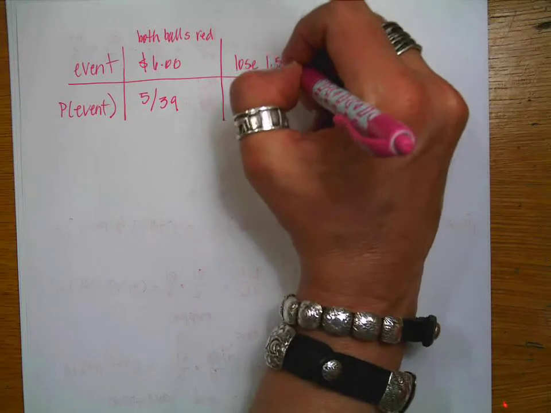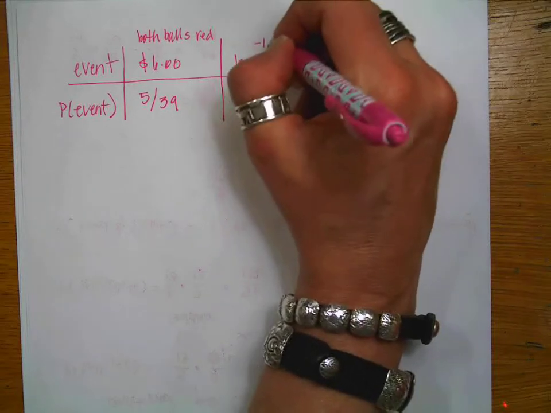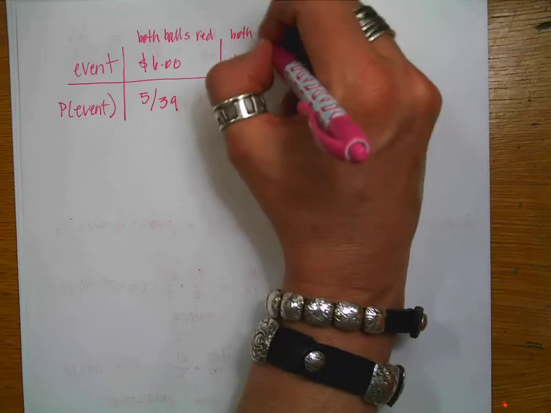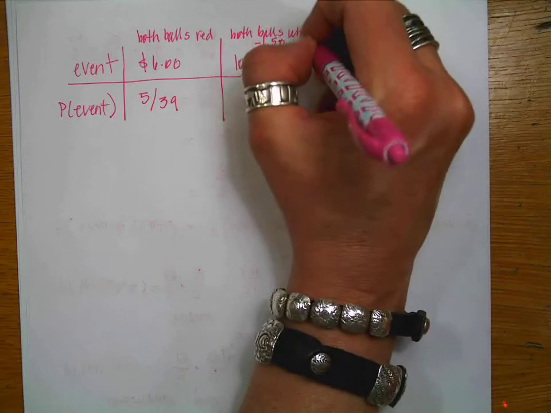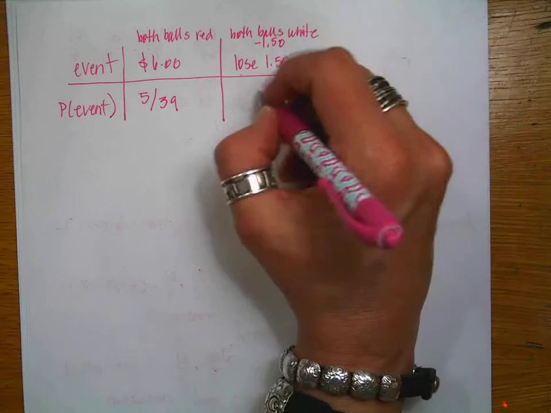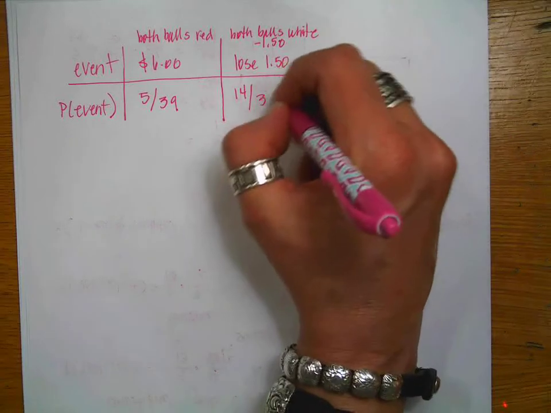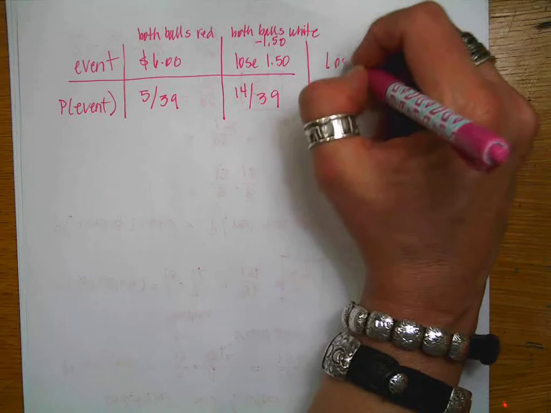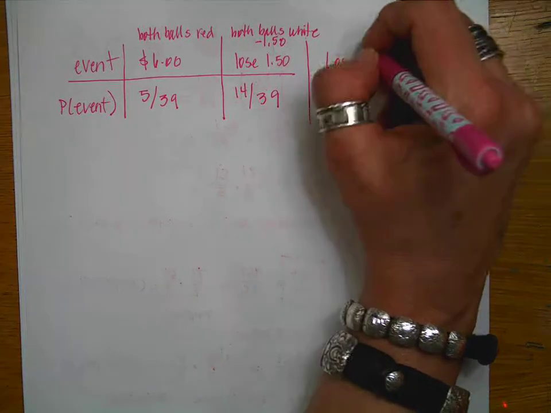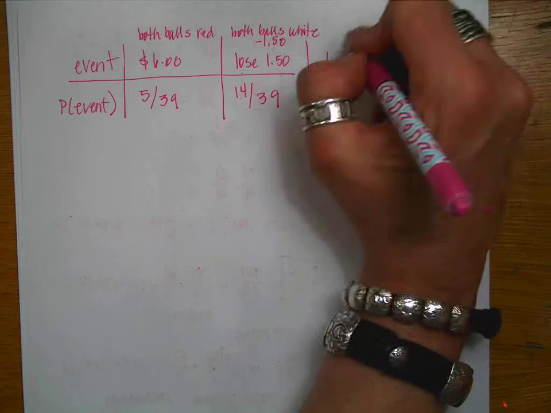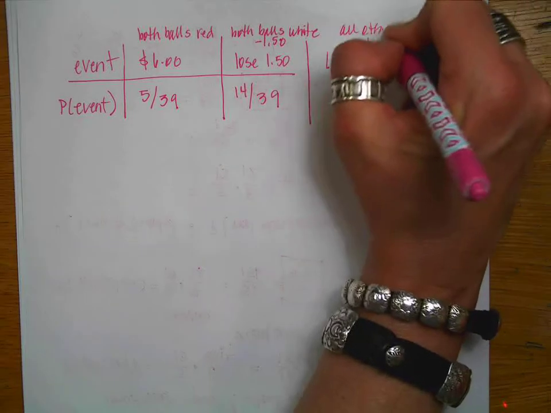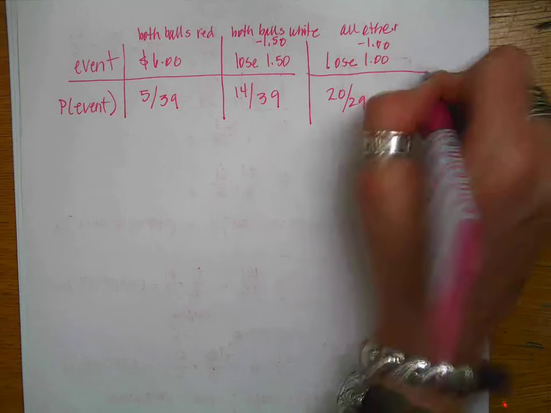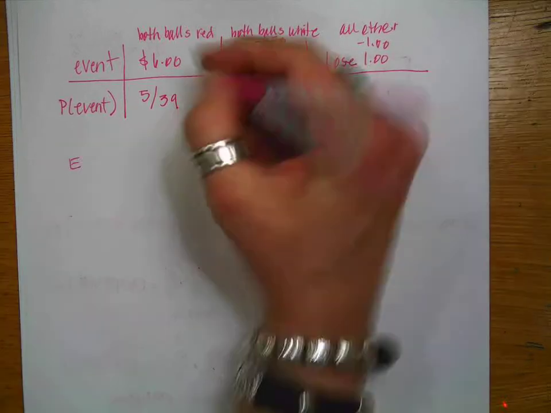The next one is going to be lose $1.50, which means that it's a negative 1.50, and that was if both balls are white, right? And so that was going to be the 14 out of 39. And then the last one was we lose $1, which means it's a negative $1, and that was all other possibilities, and that's going to be the 20 out of 39.